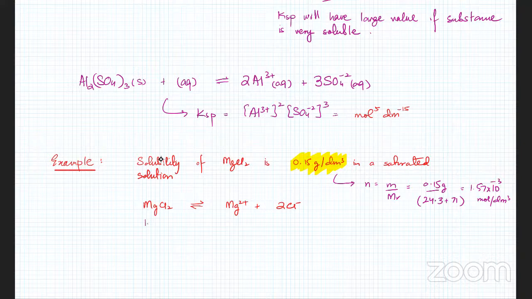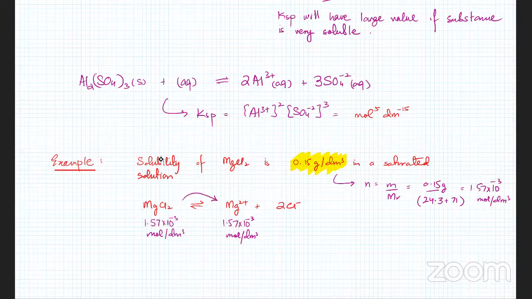So that means 1.57 times 10 to the power minus 3 mole per dm cube dissolves. So how much Mg ions will be produced? It's 1:1, so it's going to be 1.57 times 10 to the power minus 3 mole per dm cube. Solubility is the thing that has dissolved.